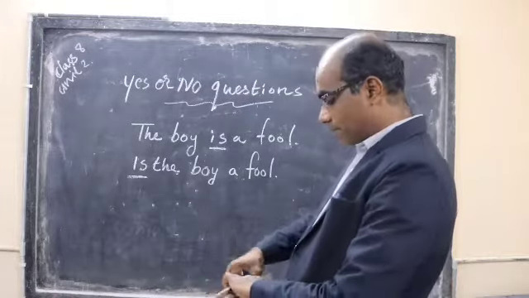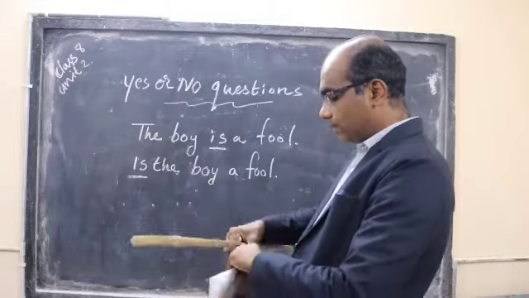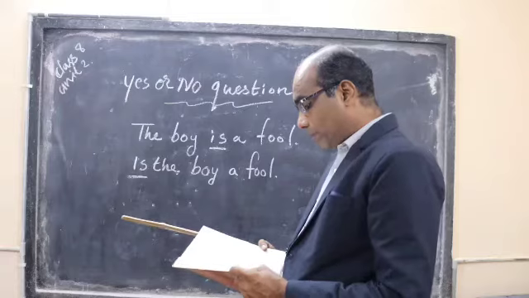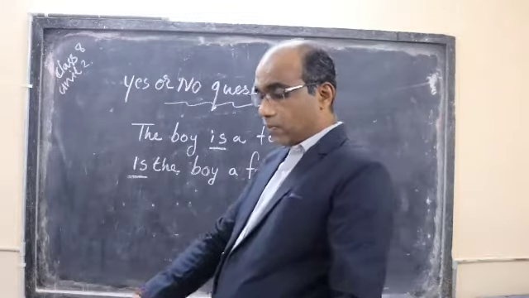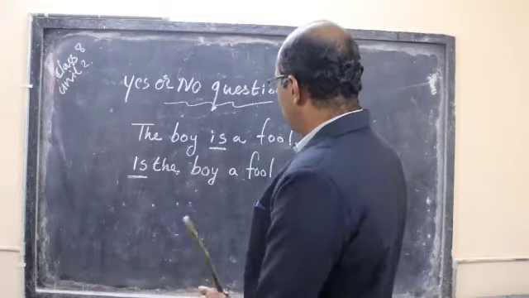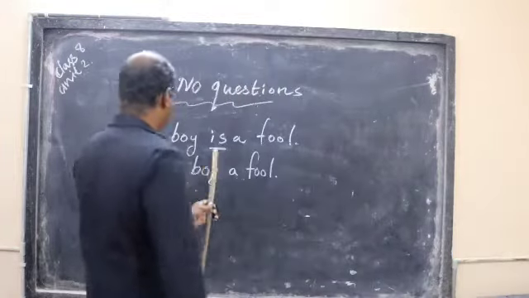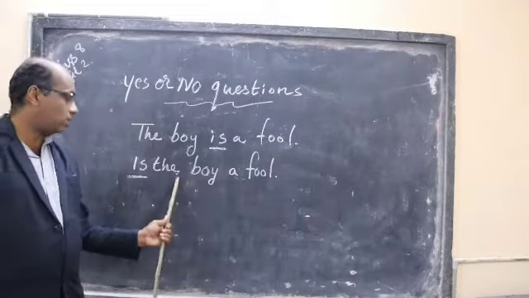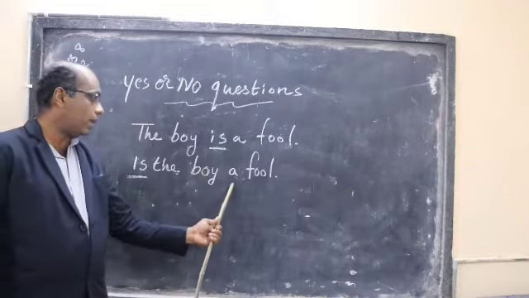Let us read the rule here, looking at the book once more. By putting the auxiliary verb before the subject. So which is the auxiliary verb? Here, that auxiliary verb is put before the noun, the subject, the boy. Is the boy a fool?